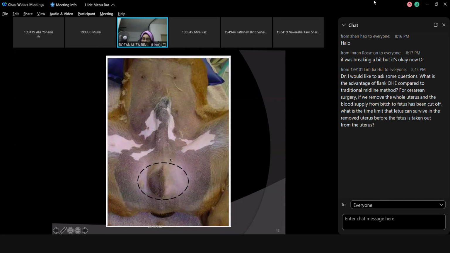Sometimes once you shave, you are able to feel the retained testicle, usually at the inguinal region or around the shaft of the penis. After you shave, I found that with the patient in dorsal recumbency it is easier for me to detect the retained testicle around the inguinal or periprepuce region.